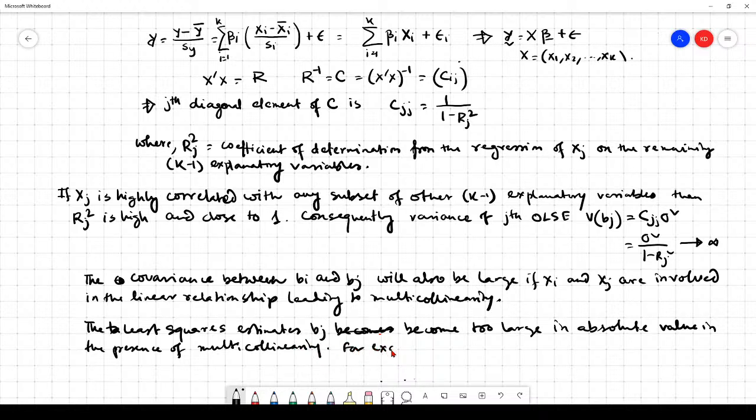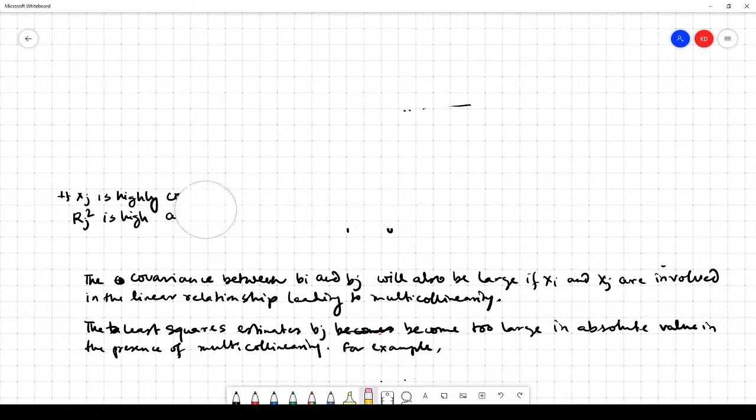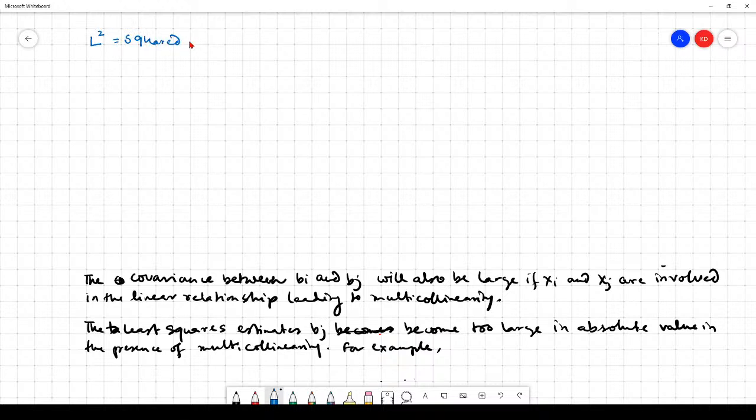For example, take L square, which is defined as the square distance between b curl and beta curl, that is (b curl minus beta curl) prime (b curl minus beta curl).